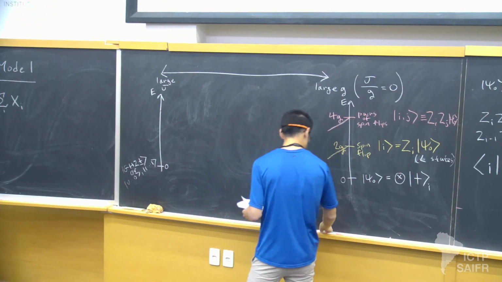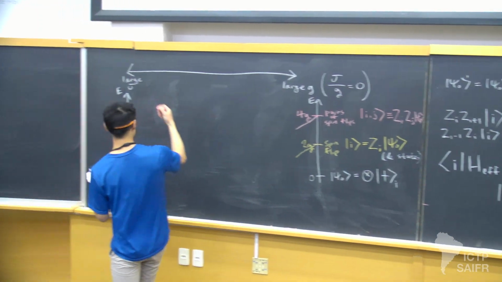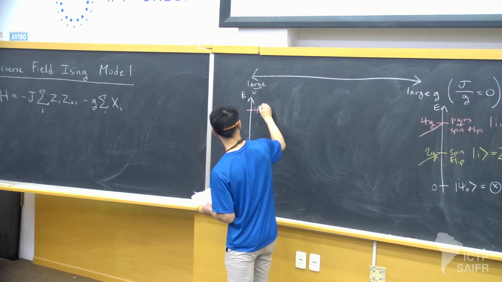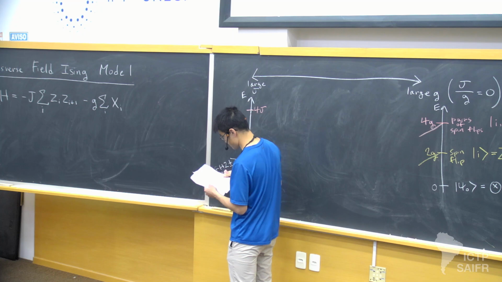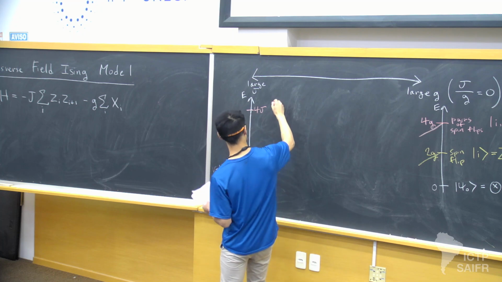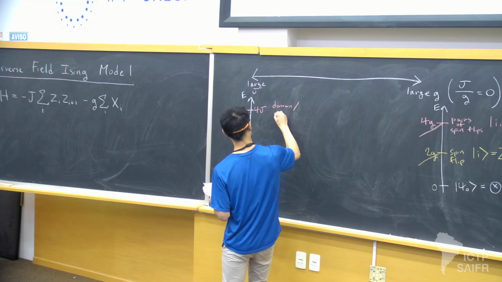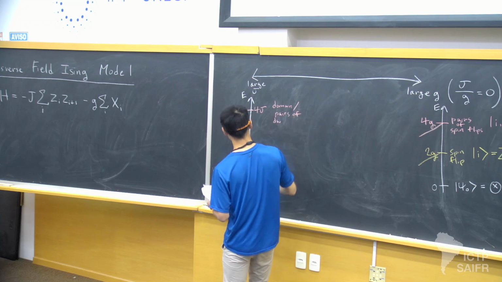And we also discussed that the first excited states occur at energy 4J, and these are domains or pairs of domain wall excitations.